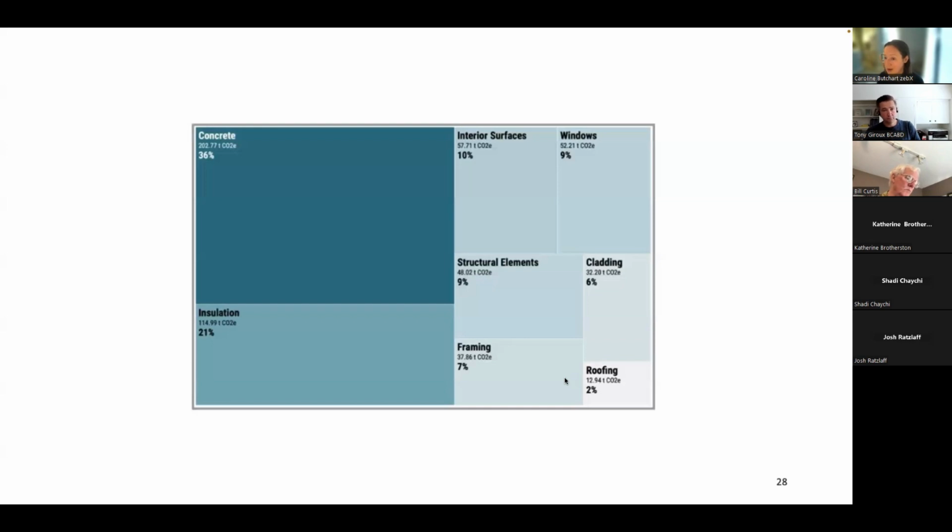So we know that this is a way to reduce embodied carbon and also to save yourself money. However, swapping for alternative materials can be cost neutral, but it can be more expensive. So we know that not all of these low carbon products are at the same price point as traditional products.